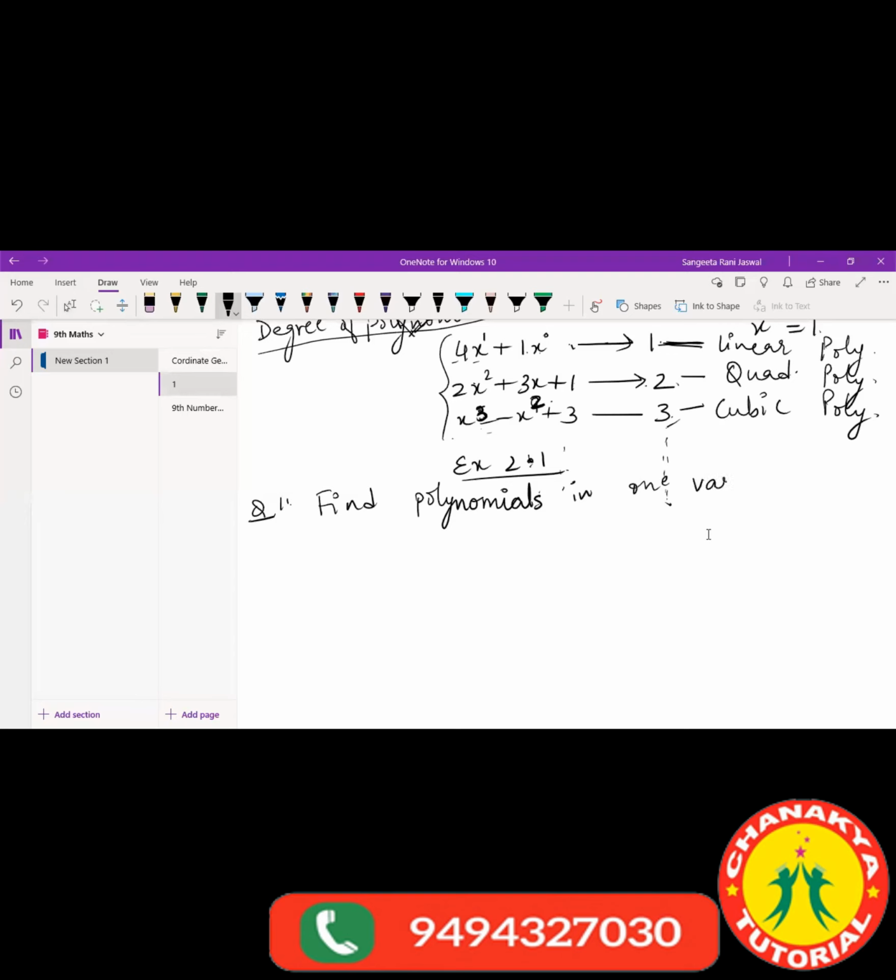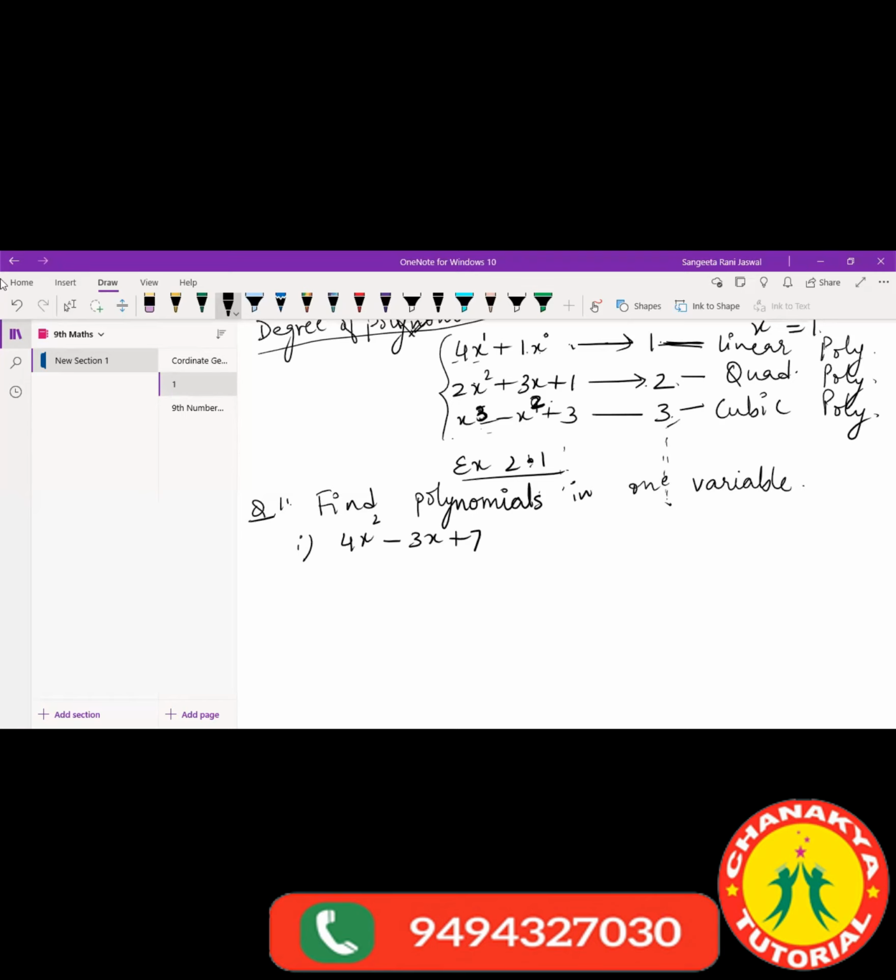Let's do this. The first one is 4x square minus 3x plus 7. So is this a polynomial equation in one variable? Yes, ma'am. What about others? Others also please answer.